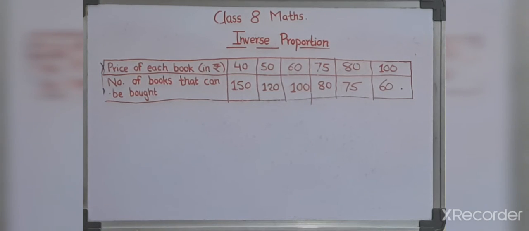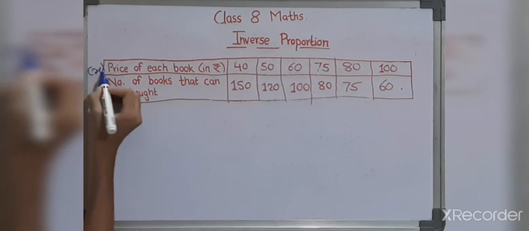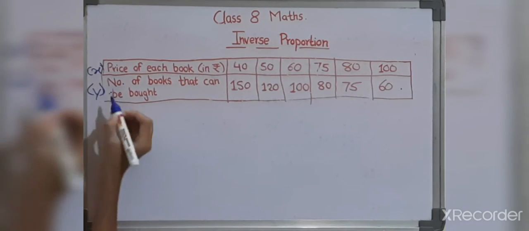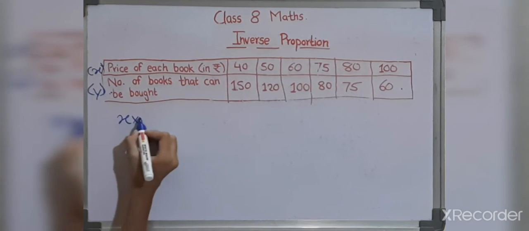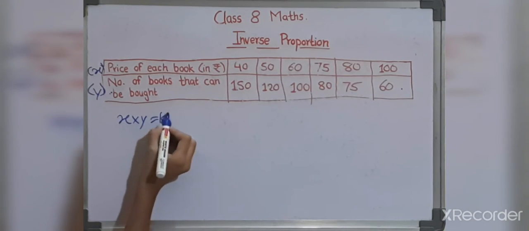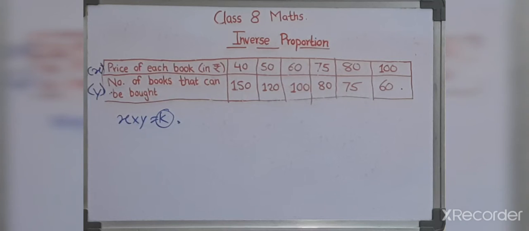So if two quantities x and y are in inverse proportion, then their product is going to be k. So x into y is always going to be k, and this k is always going to be the constant here. It is not going to change its value.